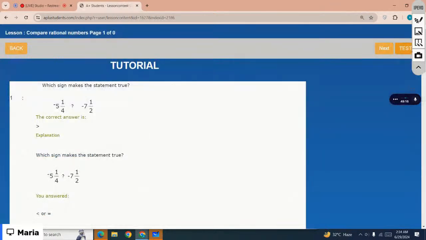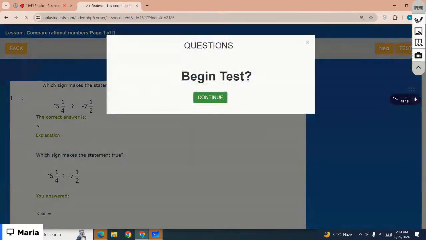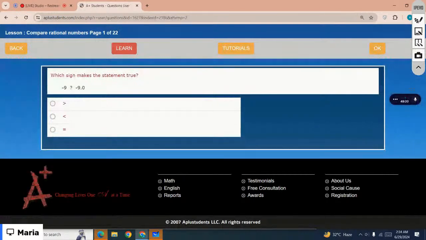Okay, let's just start with the test question. Let's see how we compare the rational numbers. Which sign makes the statement true? That is negative 9 and negative 9.0.